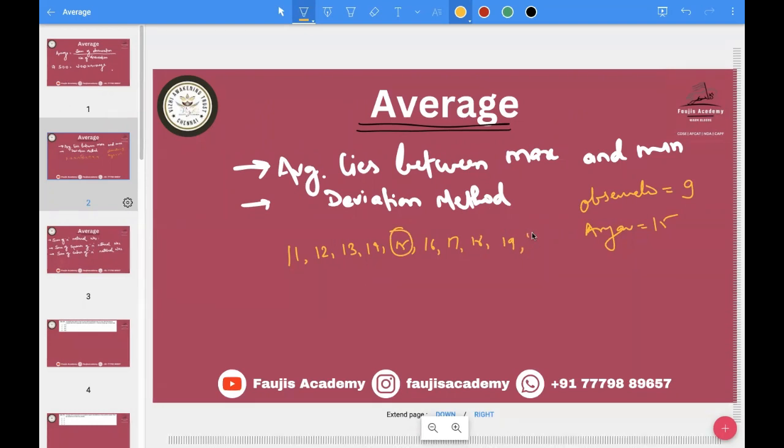Let's say we included 20 over here as well. Now you tell me what is the average. Anybody? 15.5.